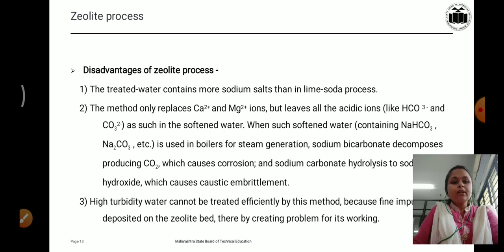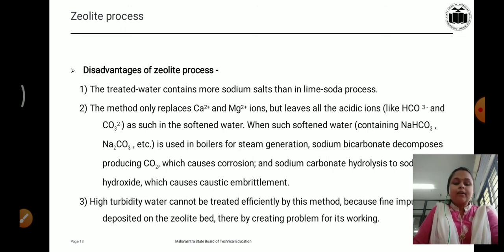And because of these carbonate and bicarbonate ions, when this water is sent to the steam generation plant, this sodium bicarbonate decomposes producing carbon dioxide, and because of this corrosion occurs inside the boiler. Also, the sodium carbonate hydrolyzes to form sodium hydroxide, and this sodium hydroxide causes caustic embrittlement inside the boiler.